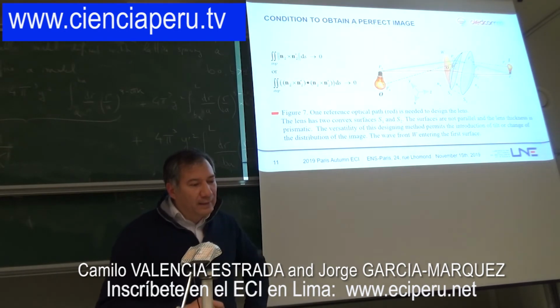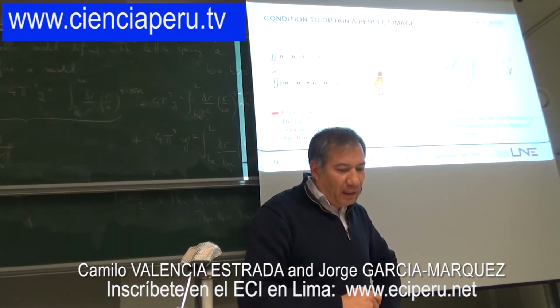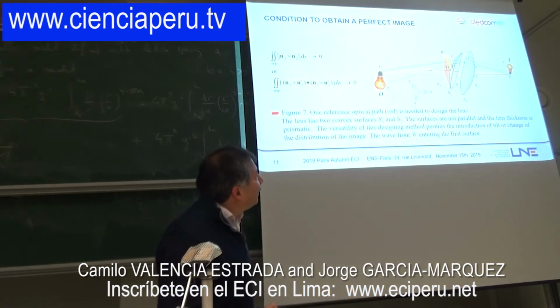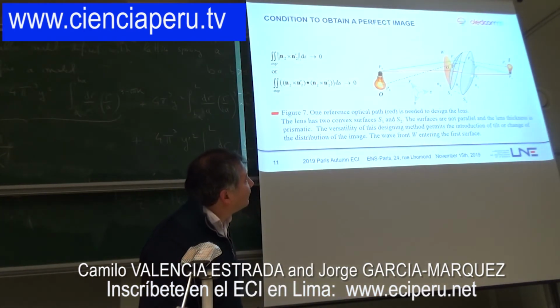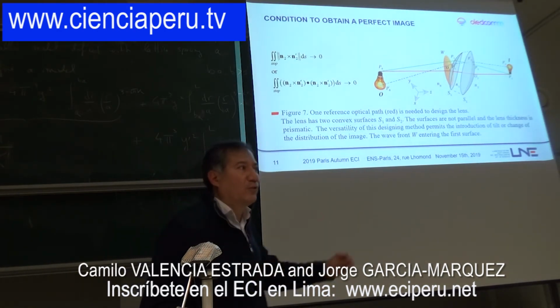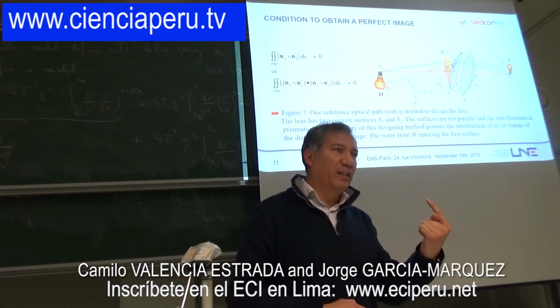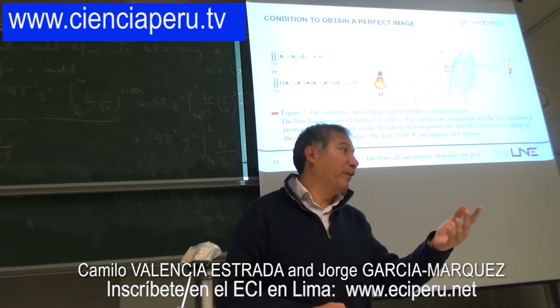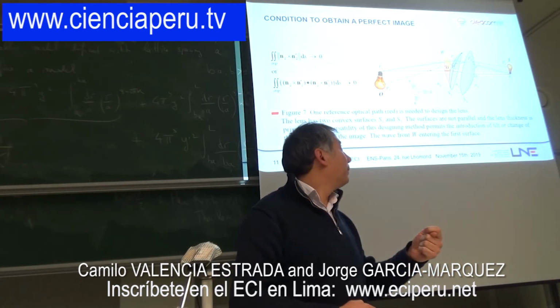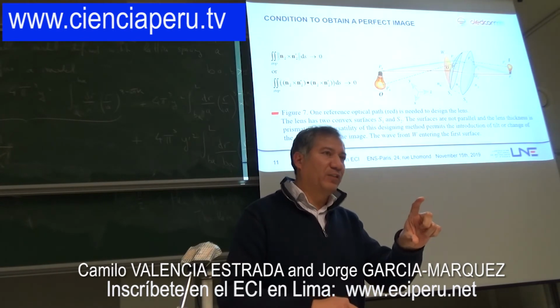And when I said that we need to know the normals of the surfaces, it's because imagine this lens. Here I decided to include a second point because it's relatively easy to have an image free of spherical aberration on axis. But for 2 points in the image, it's not so trivial.